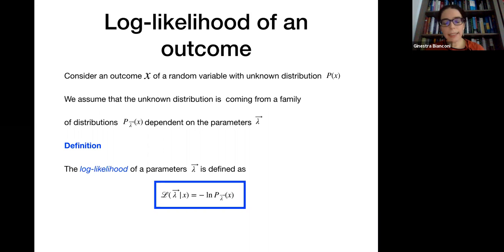So in this approach, what we are interested in is what is called the log likelihood. The log likelihood of a parameter, given a certain value of the data, is minus the logarithm of the probability that this value has in a model which uses this parameter lambda.